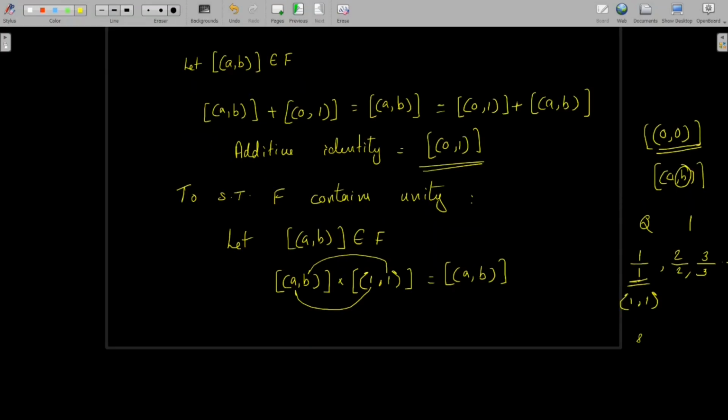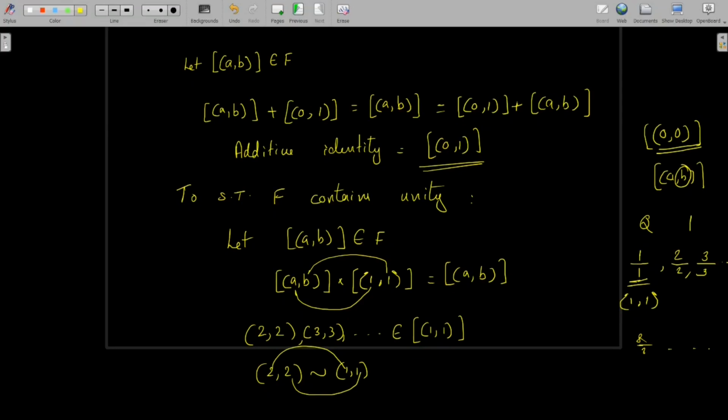And what about the remaining elements 2 by 2, 3 by 3, etc.? We can show that the ordered pairs (2,2), (3,3), etc. all belong to the equivalence class of (1,1), because the element (2,2) is actually equivalent to the element (1,1), because 2 into 1 equals 2 into 1. Therefore, these elements (2,2), (3,3) all belong to the equivalence class of (1,1).